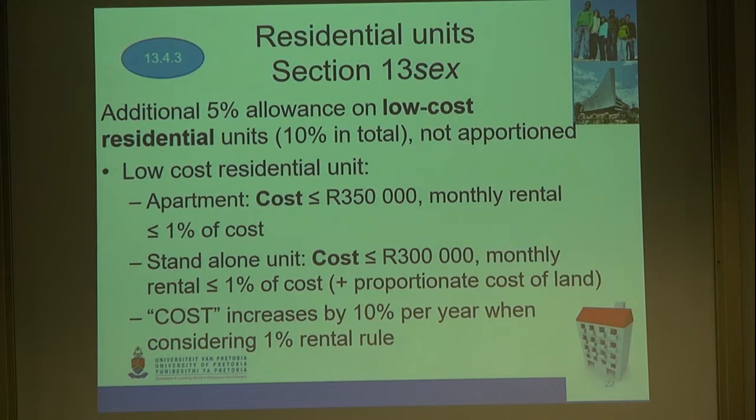Right, so obviously for them to get the rental at 1% of the cost of the building would be a little bit difficult. So it says when you are calculating the cost of rental for a standalone unit, you're going to say the cost of the building plus a proportionate piece of the land. So in other words, just add on what the cost of the land would be, take those amounts together, multiply it by 1%, and the rental must be under that.